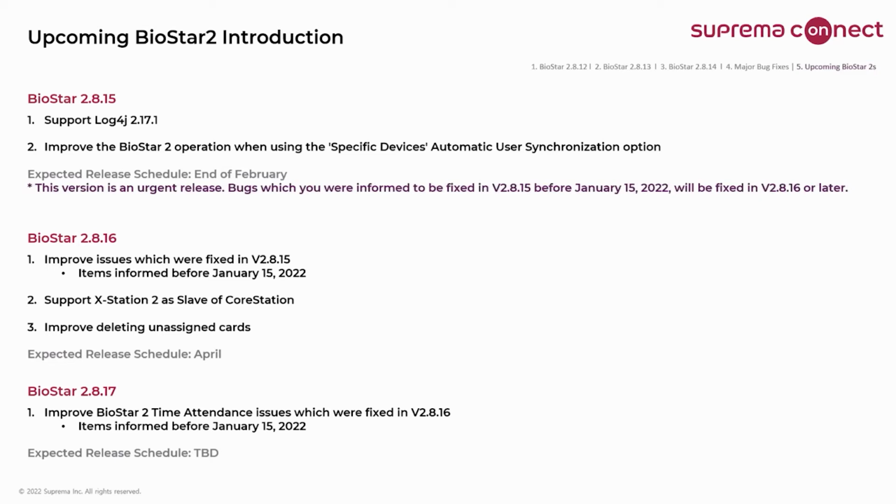From this version, the X-Station 2 can be used as an RS for a slave of CoreStation. Additionally, a function to remove the cards in the unassigned card list of BioStar 2 will be added. This is expected to be released in April, but the schedule is not static.